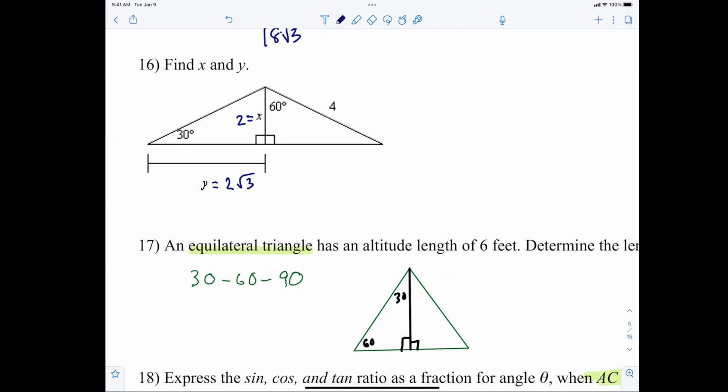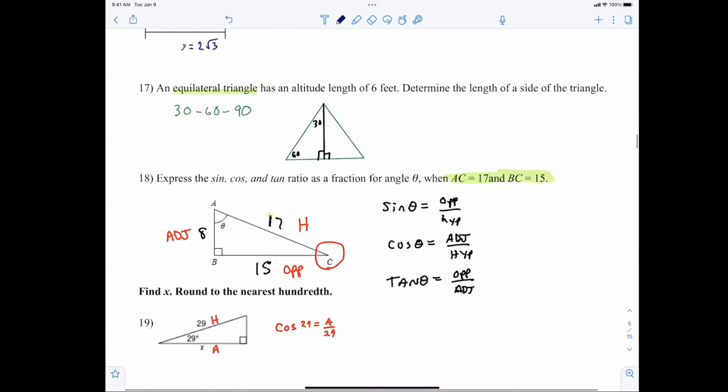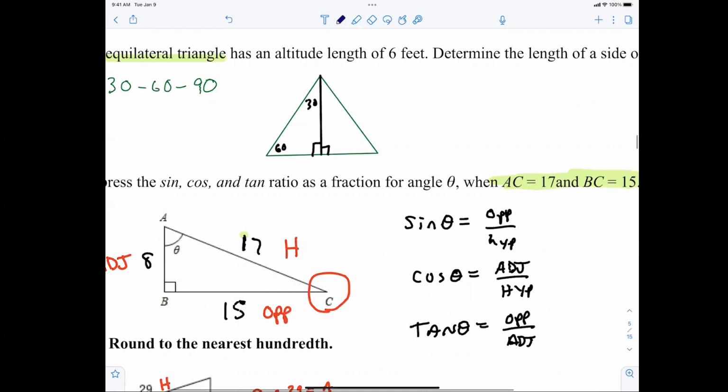Anybody? All right, let's knock out 17. The equilateral triangle has an altitude length of 6. So this is 6. What's this length right here? Come on, someone.